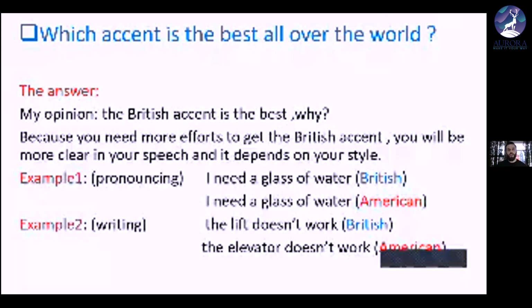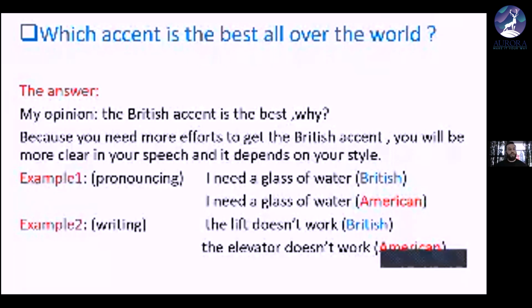The English language. So you have to choose the best one. Because when you choose the most difficult one, the others will be easier for you. So when you get the British one, the American accent, the Indian accent, and all these accents will be easier for you.